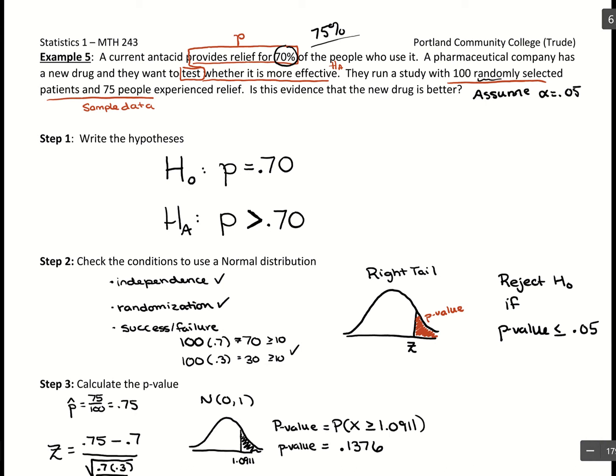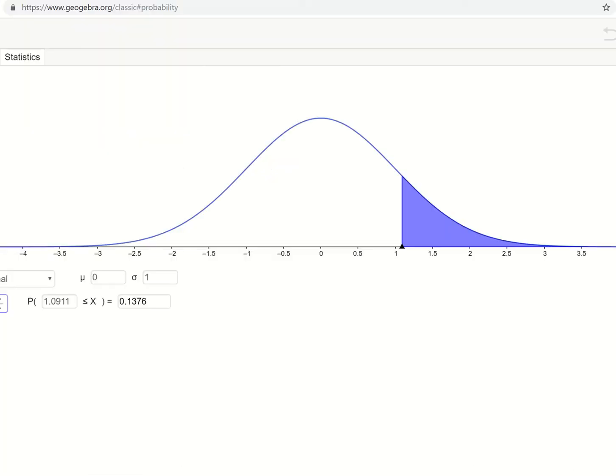And even looking at the picture in Geogebra, this is showing a high probability of occurring. There's a large percentage chance, if you think of this as the sampling distribution from if I talk to 100 people using this new drug and how many feel relief, in the middle would be 70%, and then a little above and a little below, but basically seeing that sample result, which is the cutoff for this line here, that's where our 75% is landing, and it's close to where we expect to land.